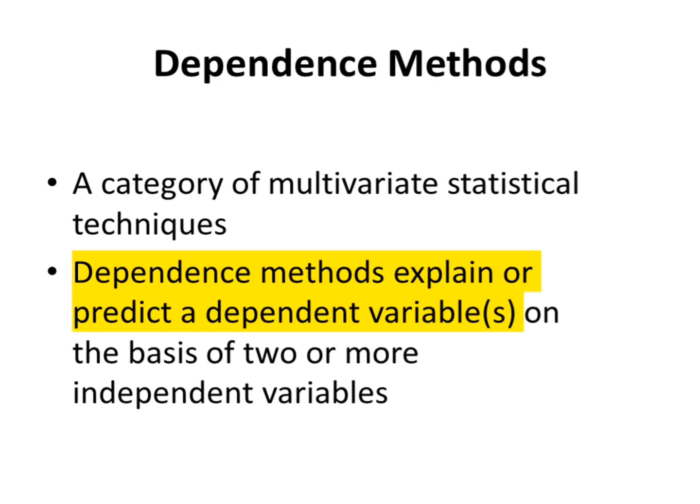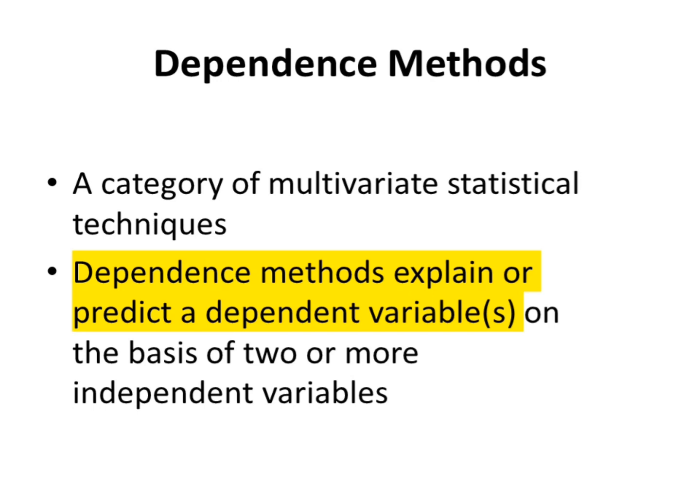For example, in the dependence method, when we relate that to social studies, the dependent variable is global temperature. So, how are the independent variables interrelated to the dependent variable, which is global temperature? The independent variables are greenhouse gas emissions and deforestation.